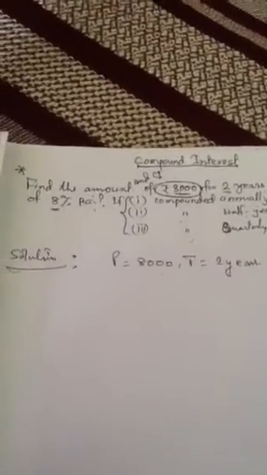In some questions you may find annual basis written, but in this question, in which way the interest is compounded is not mentioned. But if it is compounded annually, then how to calculate the compound amount and compound interest? Very simple. P is this, T is this, R is this.